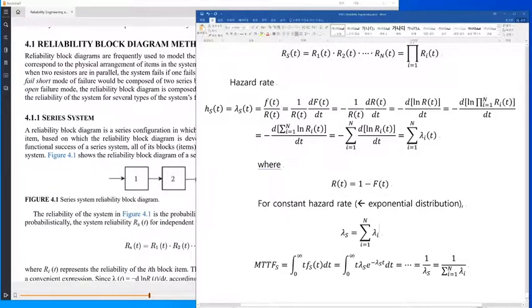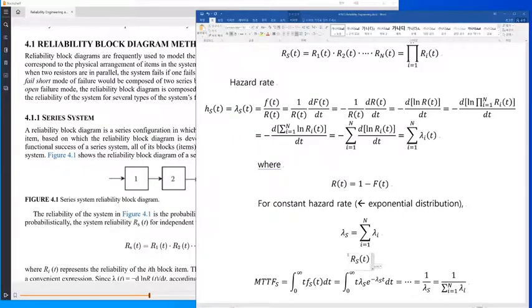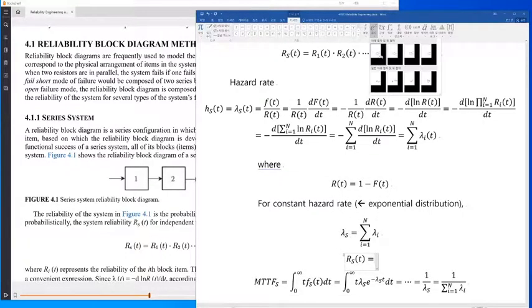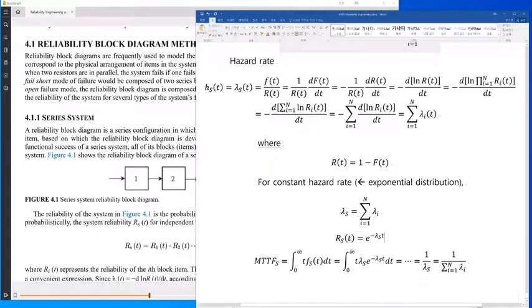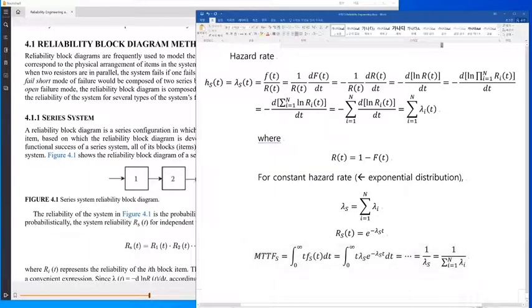In this case, the mathematical expression for the system reliability will be given as exponential minus lambda s t, and mean time to failure is calculated like this.